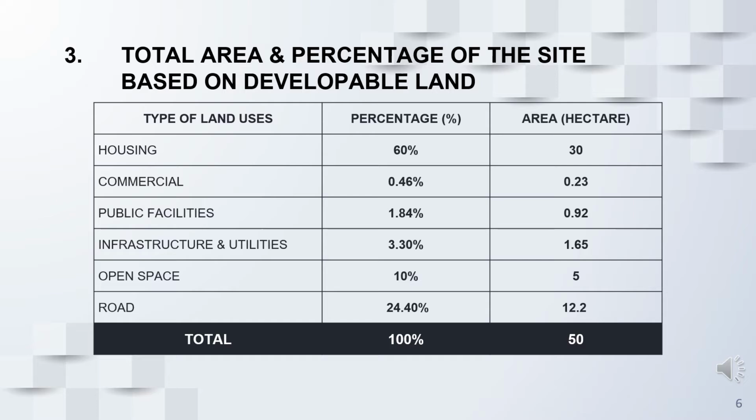Infrastructure and utilities 3.30%, equivalent to 1.65 hectares. Open space 10%, equivalent to 5 hectares. And lastly, road 24.40%, equivalent to 12.2 hectares. The total of the area is 50 hectares.